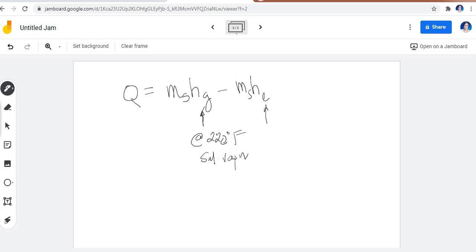This HL should be taken from the steam tables at 200 degrees Fahrenheit, and this is for saturated liquid. If you notice, there is already a change in phase, at the same time a change in temperature.